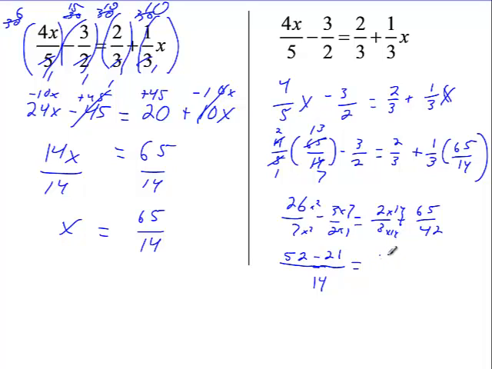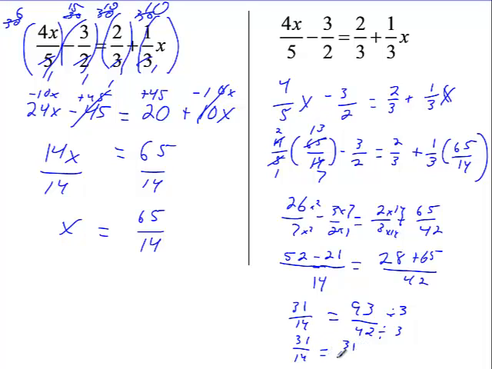So I get 28 plus 65 over 42. 52 minus 21 leaves me with 31 over 14, which is equal to 28 plus 65, 93 over 42. 93 divided by 3 and 42 divided by 3, we can reduce to common factors, so we end up with 31 over 14 is equal to 31 over 14. The left side and right side are equal, so my check is correct.